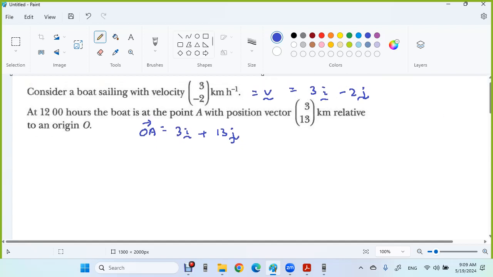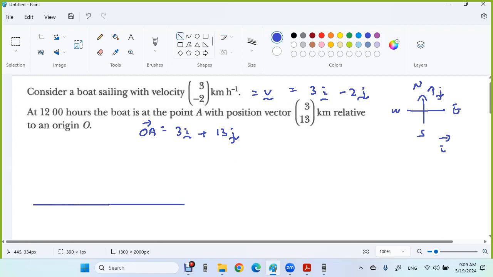For this one, I can separate it into two parts. We know that i is going to the east 1 unit, and j is going to the north 1 unit. The first part is the i part.